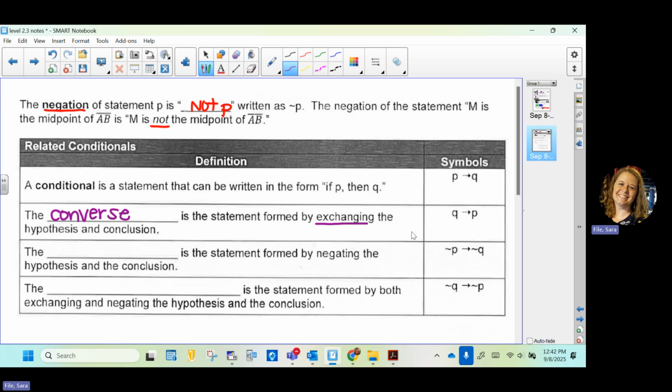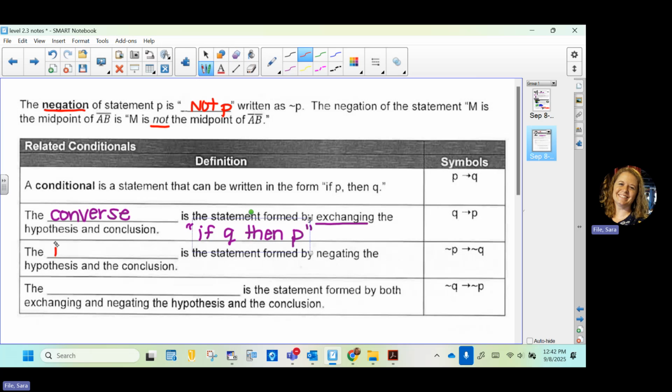So notice in the symbols, instead of if P then Q, now it says if Q then P. You want to put that in words, if Q then P. That's the converse. You just switch the order of Q and P. You switch the hypothesis and conclusion.